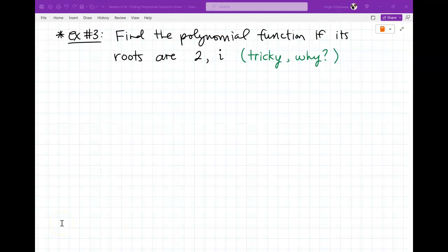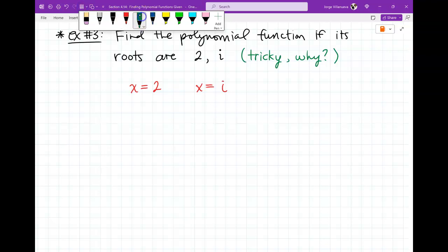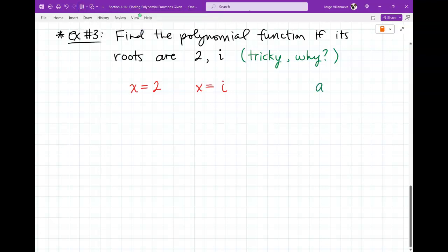All right. So for example 3, we're going to find the polynomial function if its roots are 2 and i. Remember, i is an imaginary number. Why did I say this is tricky? Because you might say, well, that's not so tricky. One of the answers is 2. The other answer is i. Okay. The reason why it's tricky, you have to go back and remember how we used to write complex numbers.